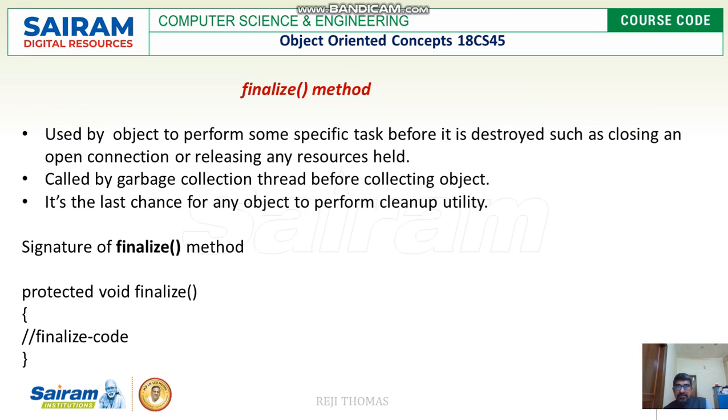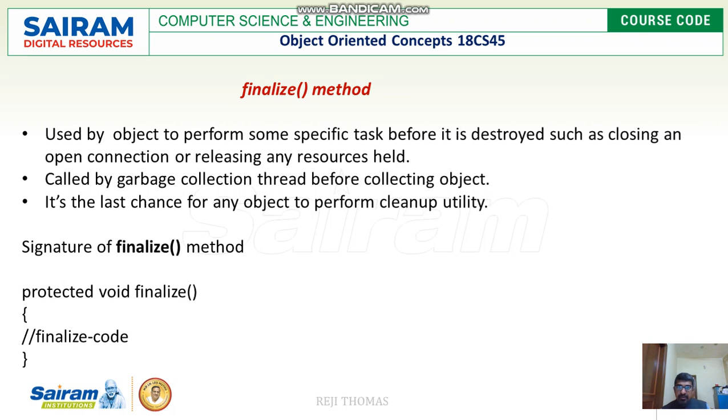So next is about a method called finalize. As we just saw, when your system finds that some object which we have created is no longer used, the JVM is going to release the memory occupied by the object.